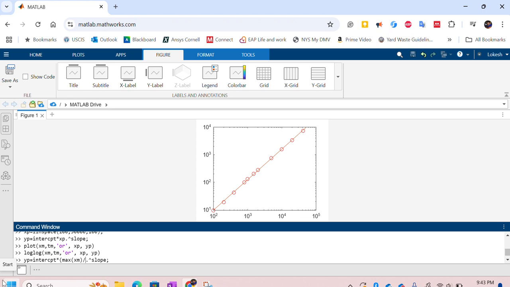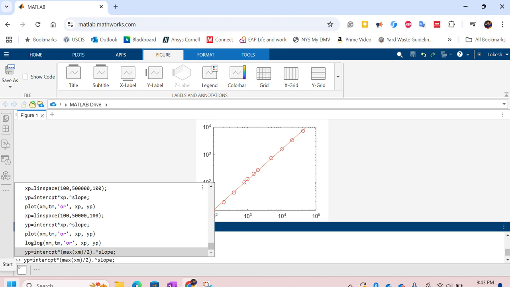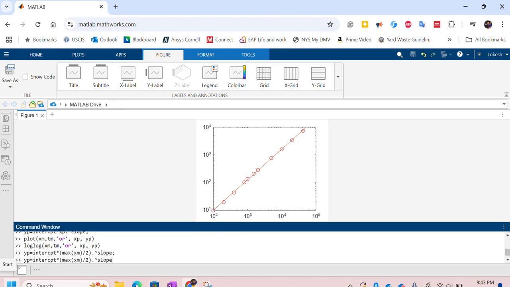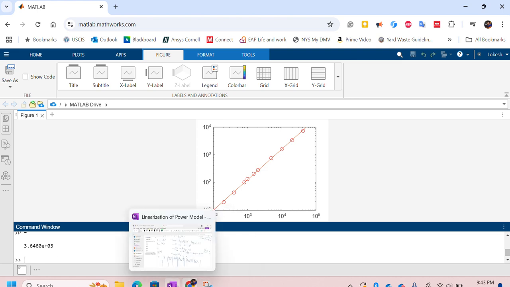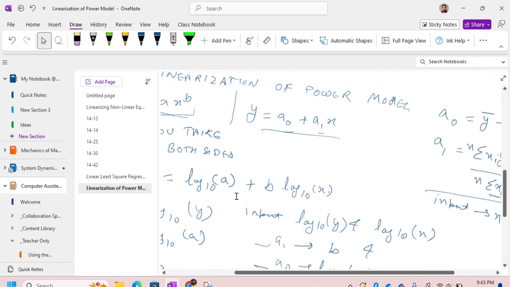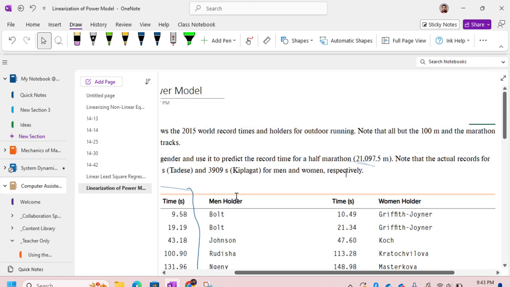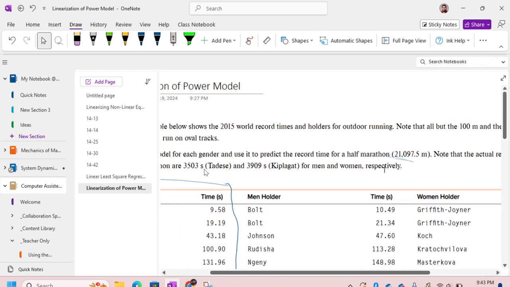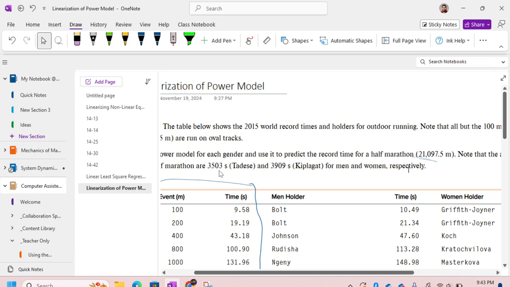The whole max should be divided by 2. That will be half marathon, and this should give me the y value, and I want that y value to be seen here, which is 3,646. And if you look at the value of the real world record, which is going to be 3,500, which is pretty close.